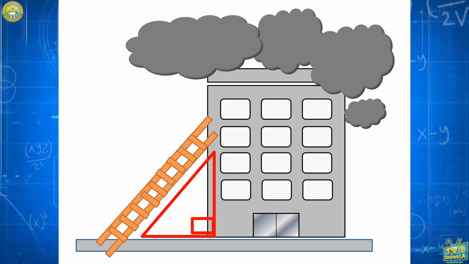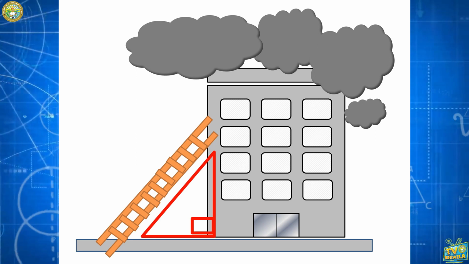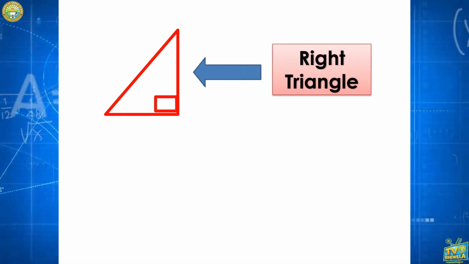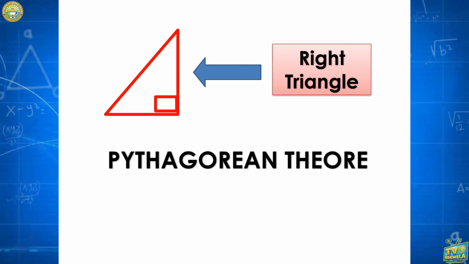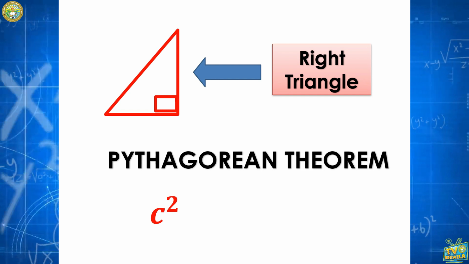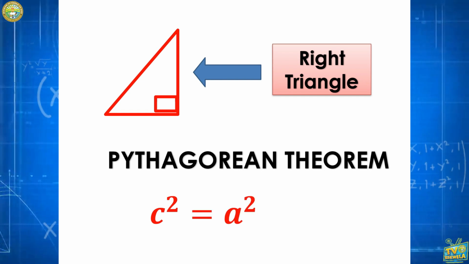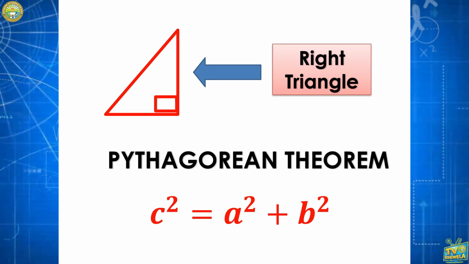Next, we will determine the theory involved in the figure. The figure formed is a right triangle. So, we will use the Pythagorean theorem, C squared equals A squared plus B squared, in solving the problem.